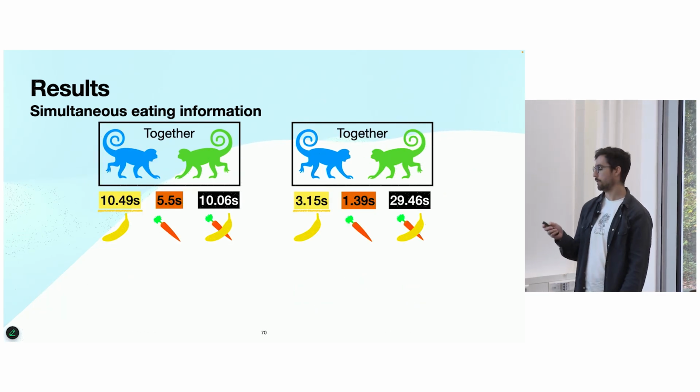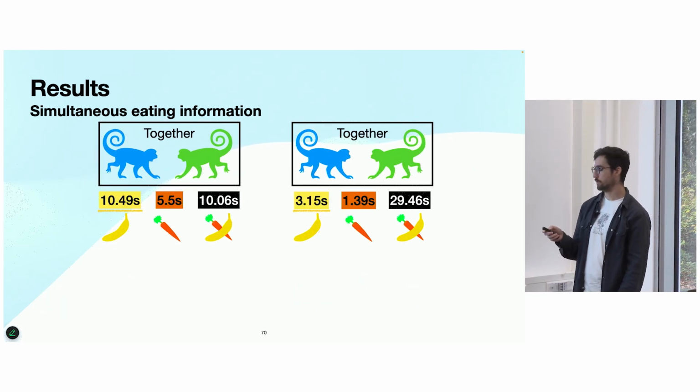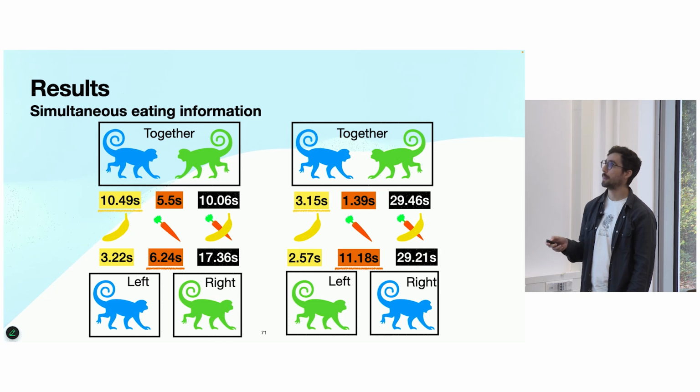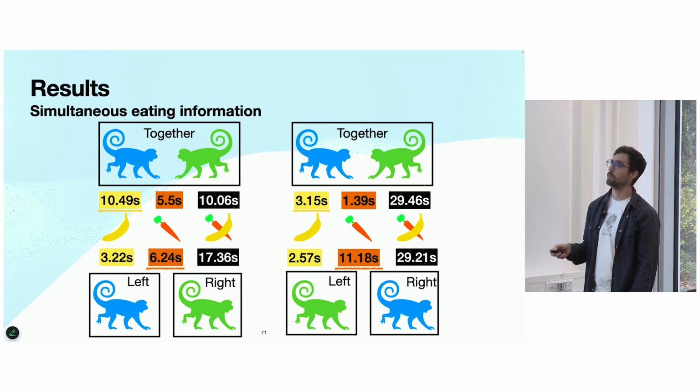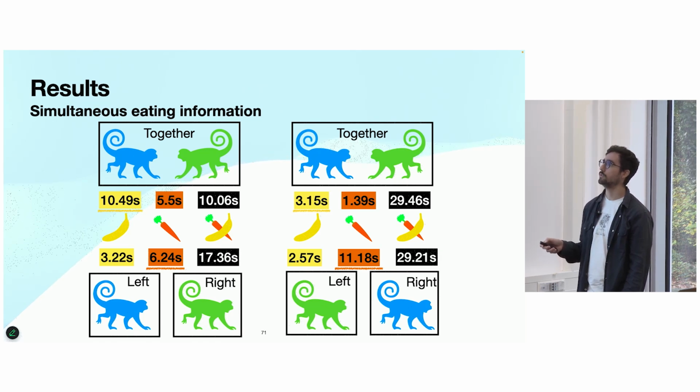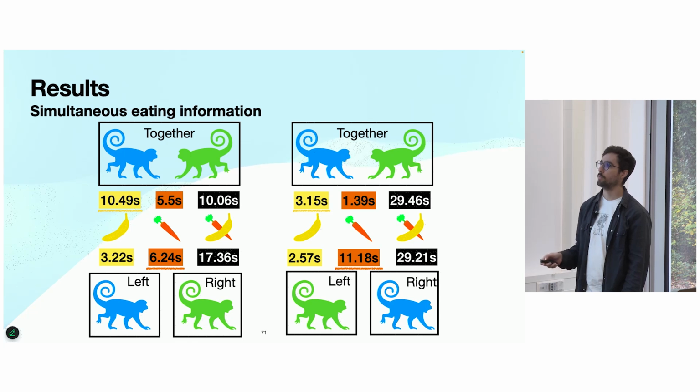In fact, if we pay attention to all this information, these numbers here are just the previous numbers. So we can see that when we present banana to the marmosets, they like to eat more together if we compare these two numbers and these two numbers. And when we present just carrot, we can see that the marmosets like to eat more separately.